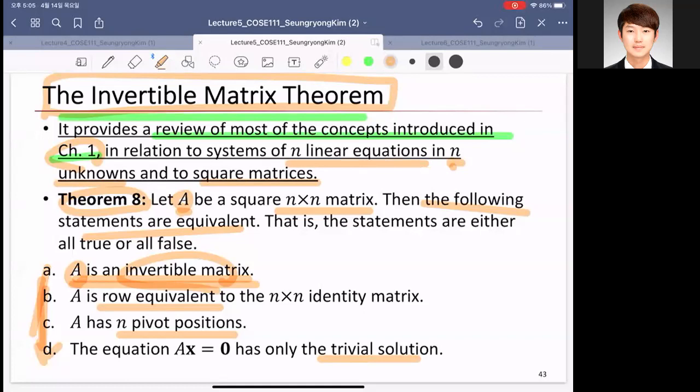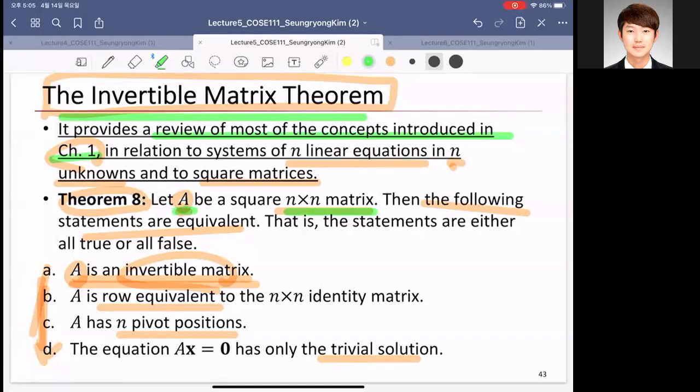Let A be a square n by n matrix. Then the following statements are equivalent. That is, for a given A, the statements are either all true or all false.